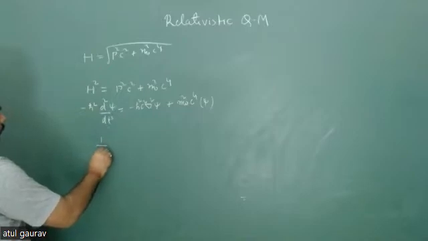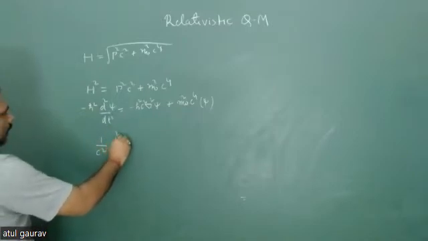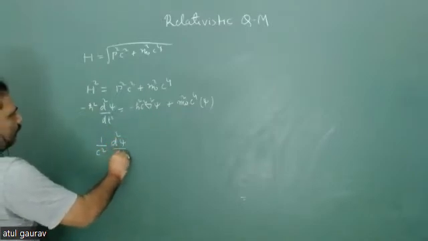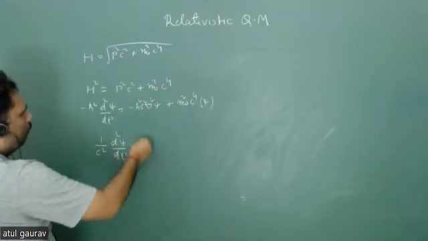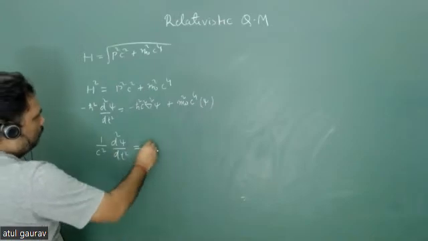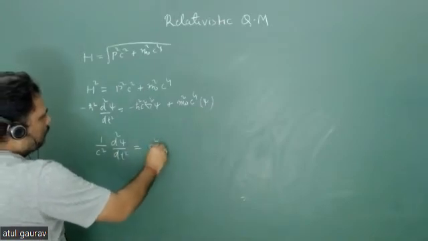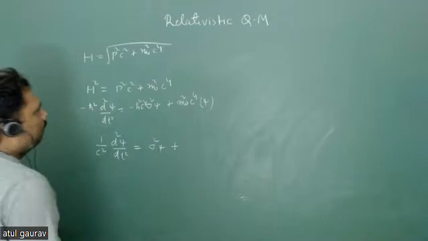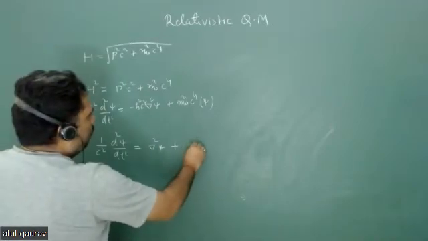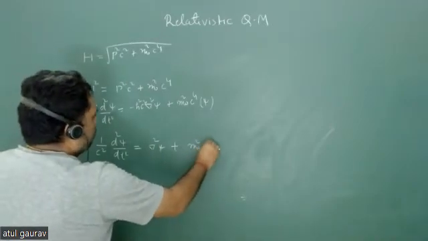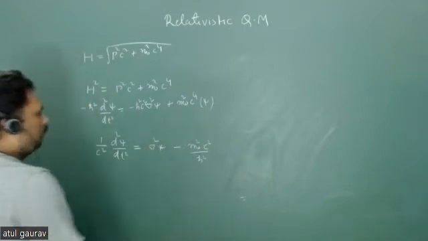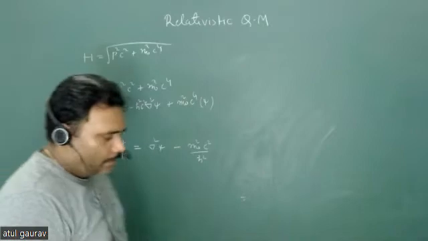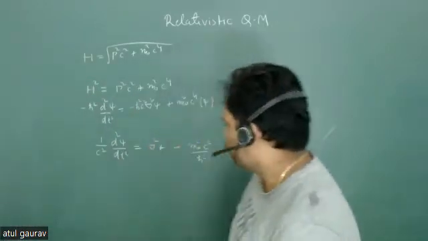This will be 1 upon C square d square psi upon dt square is equal to, obviously this value is what? Del square psi plus what will happen to this one? M naught square C square upon h cut square, and this negative sign will be there. Are you people comfortable? Yes, sir.